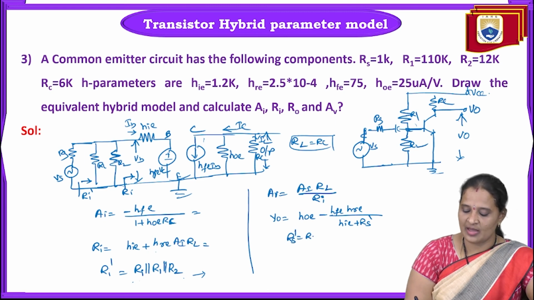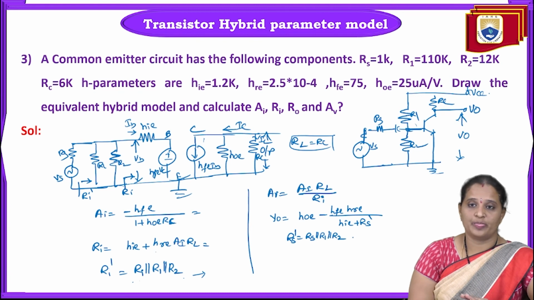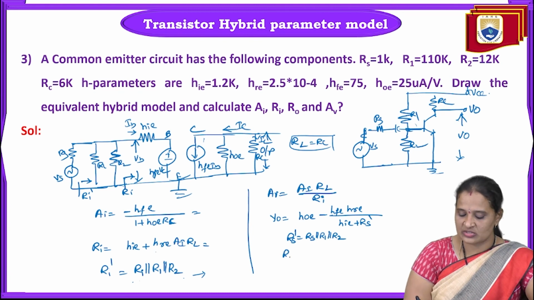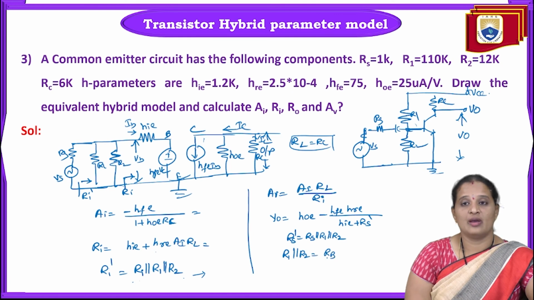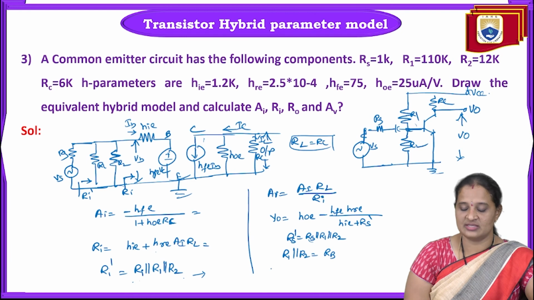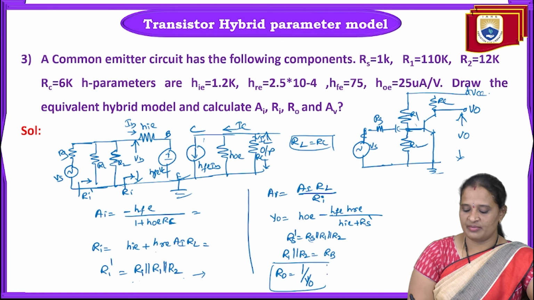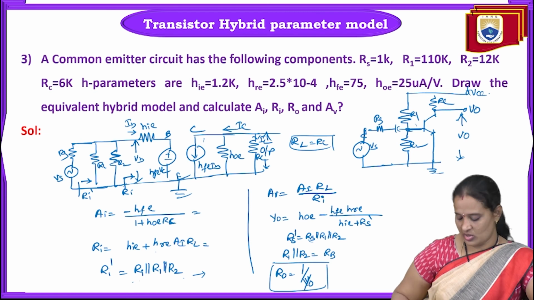RS dash will be RS in parallel with R1 in parallel with R2. Or else we can also consider R1 in parallel with R2 as RB. So if you substitute this, then you can calculate Y0, and from Y0 you can calculate output impedance by simply taking the reciprocal of that.